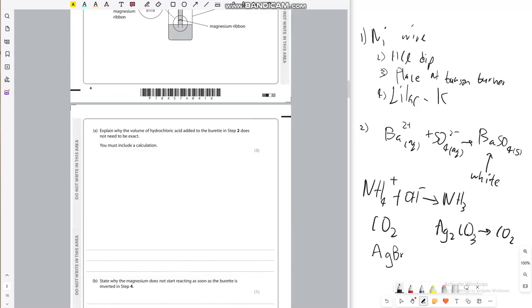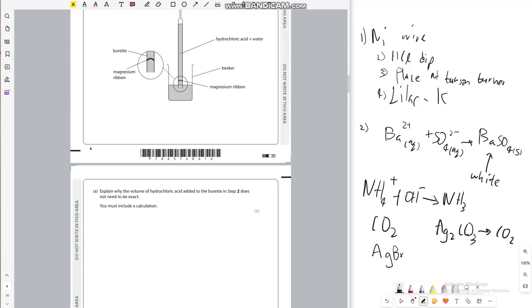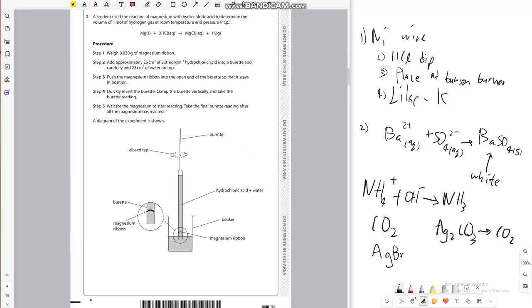Explain why the volume of hydrochloric acid added to the burette in step 2 does not need to be exact. You must include a calculation. Most probably this is to confirm that hydrochloric acid is in excess. So we'll have to calculate the number of moles of hydrochloric acid and the number of moles of magnesium.